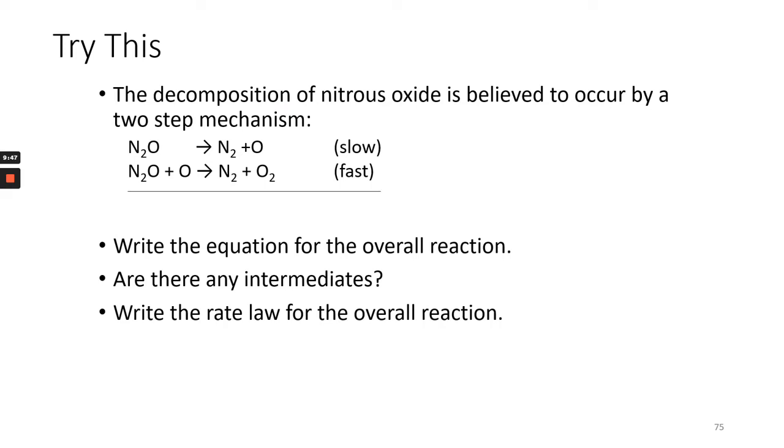So let's try an example. So here we have a 2-step reaction, step 1, step 2. And basically when your step 1 is the slow step, which is the rate determining step, it is easy to write the rate law.